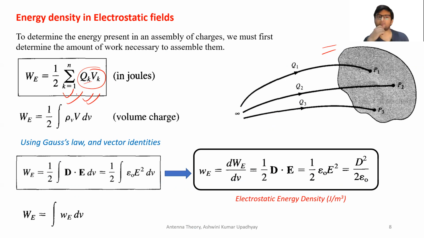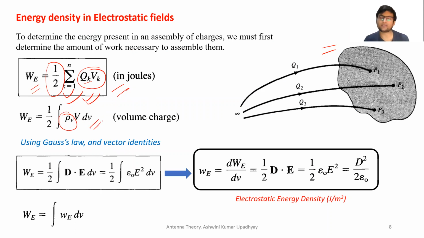And because of some reference point, this 1 by 2 will come in your final equation for the total potential energy which is present in the system of charges. So you have to remember this formula. And if there are an infinite number of charges distributed in a particular volume, then in place of this summation, you will have to take the volume integration of the volume charge density that is distributed in that particular volume.